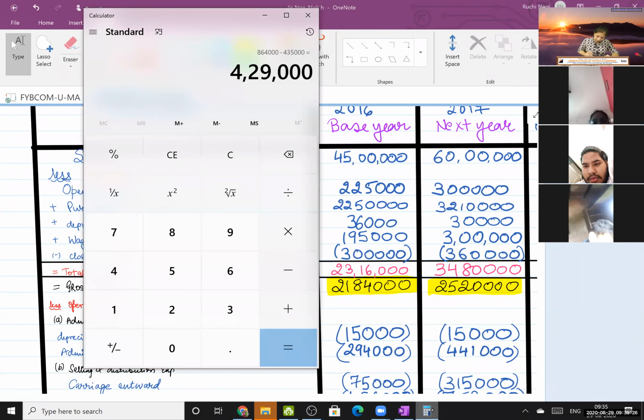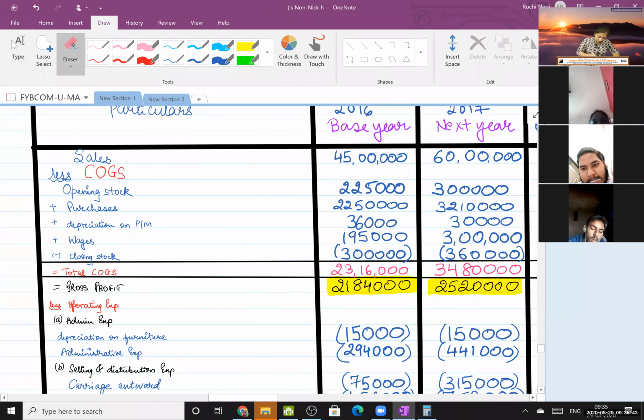So COGS will change. 2,25,000 plus 22,50,000 plus 36,000 plus 1,95,000 minus 3 lakhs. 24 lakh 6,000.